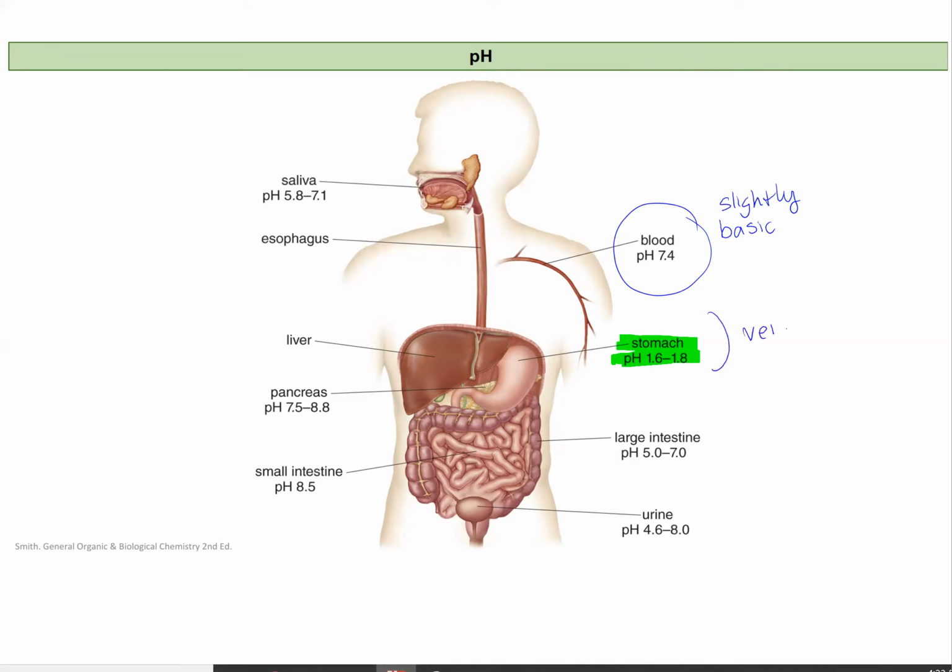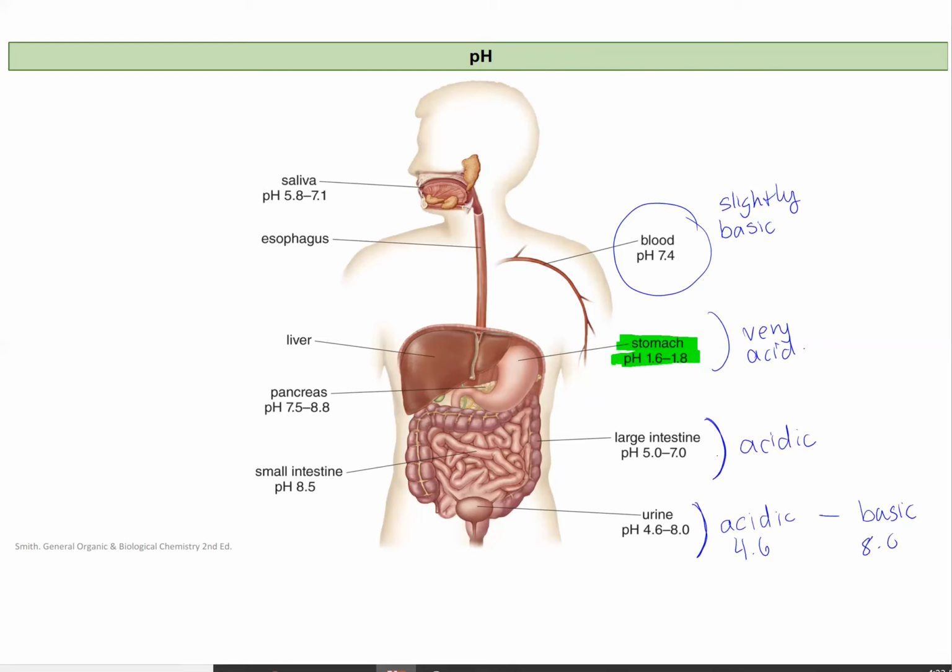So it's very acidic in our stomach. Our large intestine is an acidic environment as well, ranging in a pH of 5 to 7. And our urine can be anything from acidic at 4.6 all the way up to slightly basic at 8.